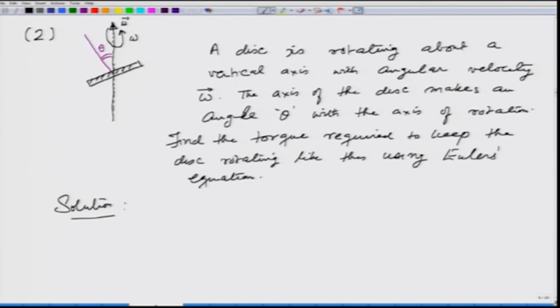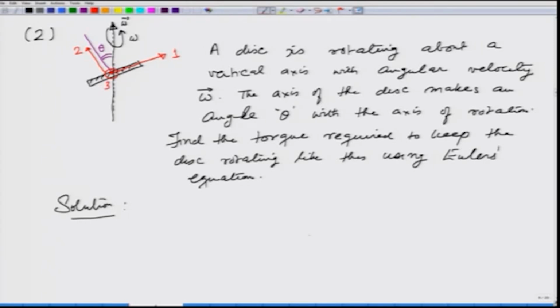To apply Euler's equations, I first need to identify the principal axes. So, I am going to take axis 1 along one of the diameters, axis 2 along perpendicular to the disk, and therefore, axis 3 is going to be coming out of the page at this position.